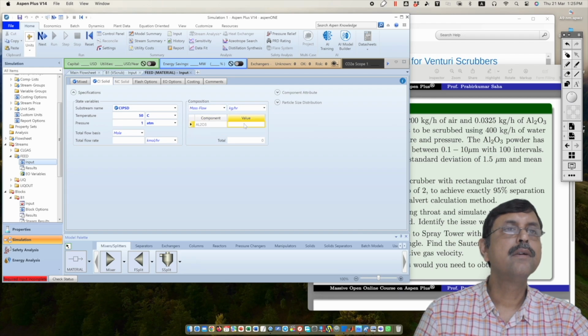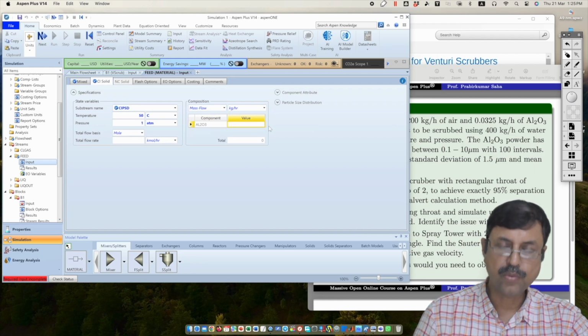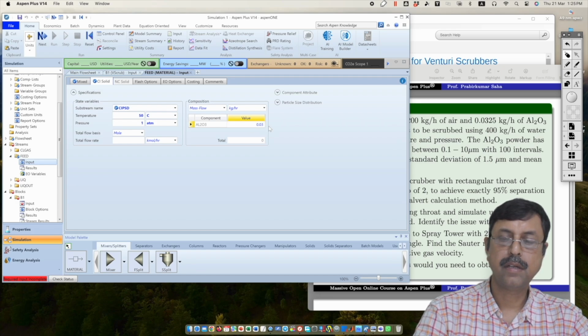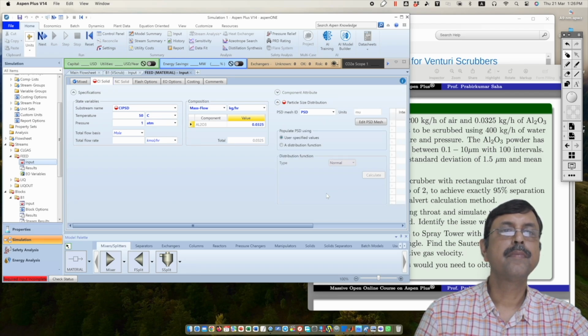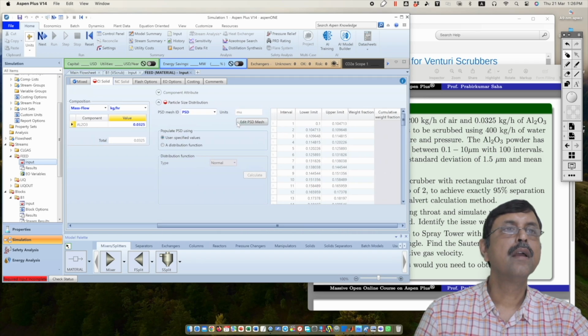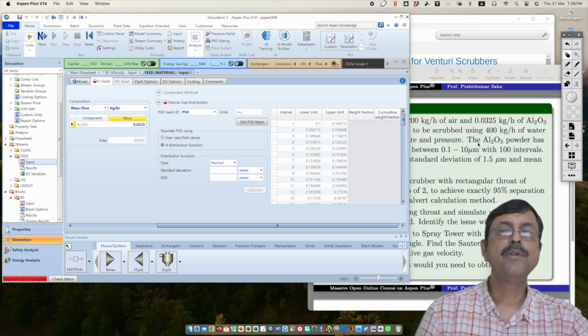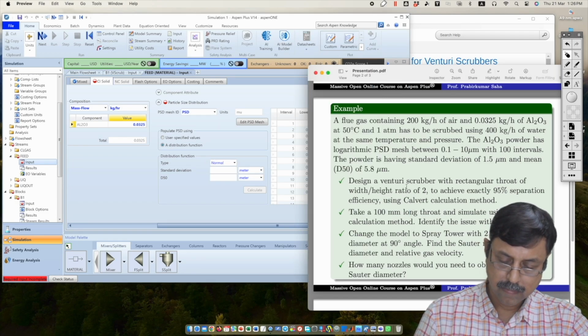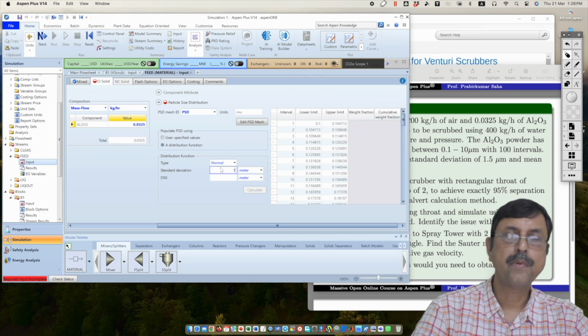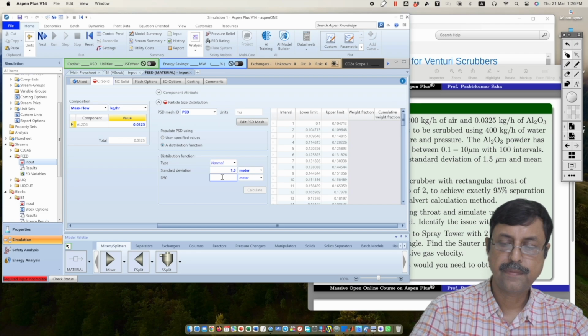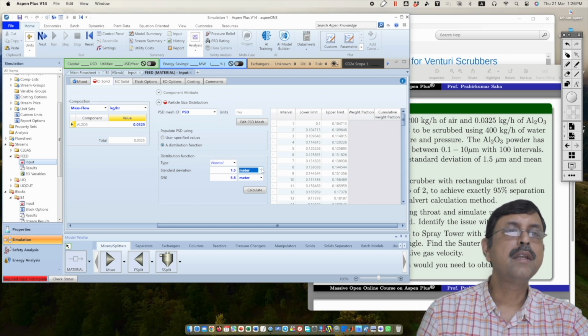Mass flow rate will be 0.0325. And for the particle size distribution we have a normal distribution with standard deviation 1.5, mean 5.8, both in micron.